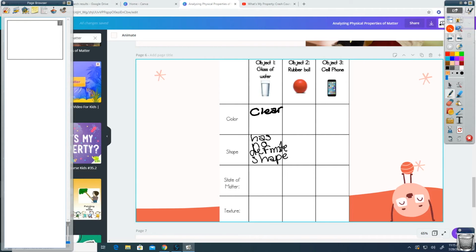The state of matter, that's another physical property. We know that this is a liquid. And the texture of water. Water doesn't really have a texture. I guess it's kind of smooth if you're drinking it, but we're going to say no texture.